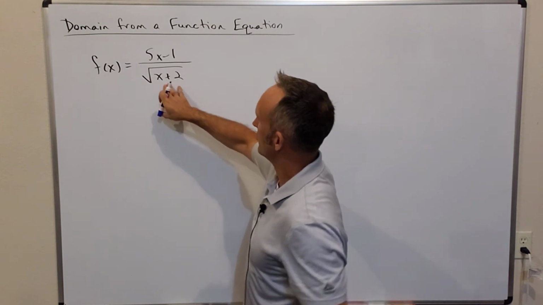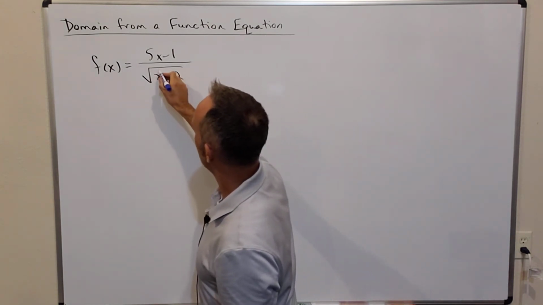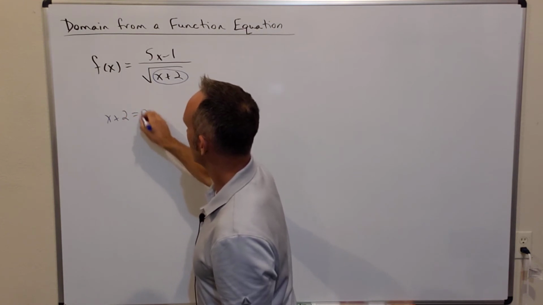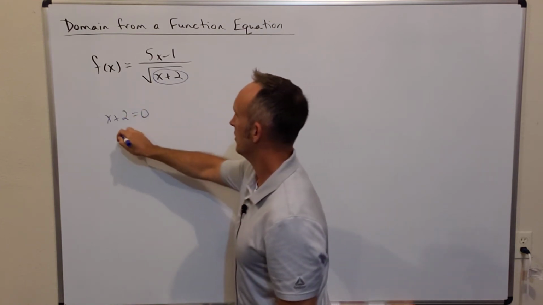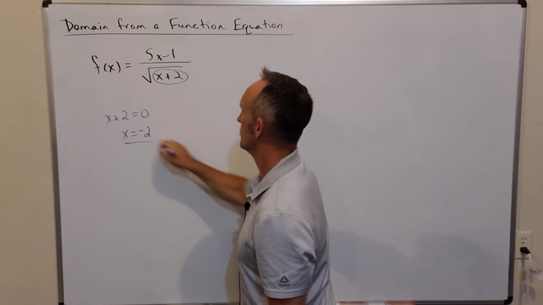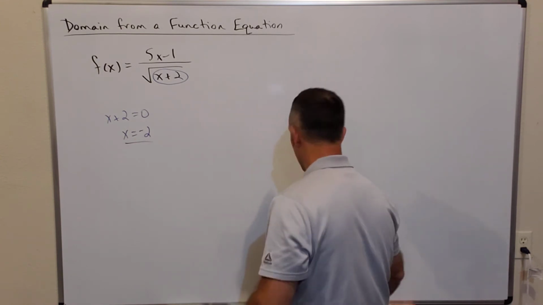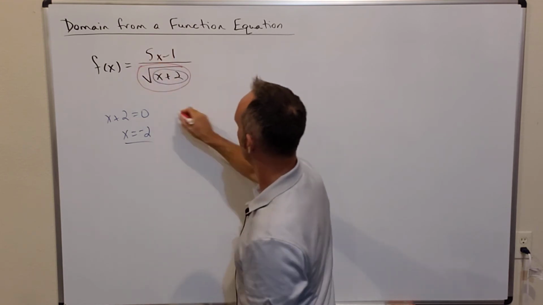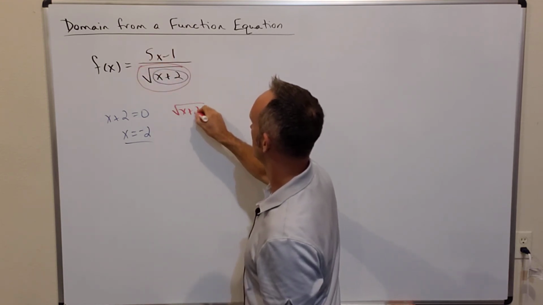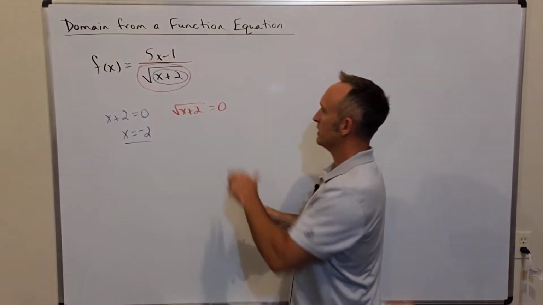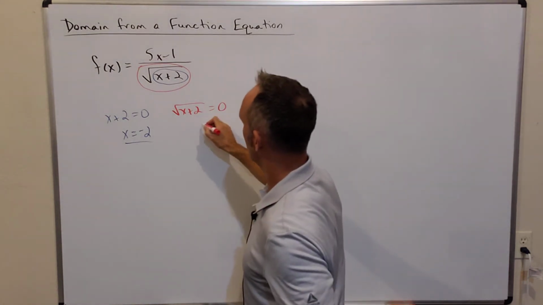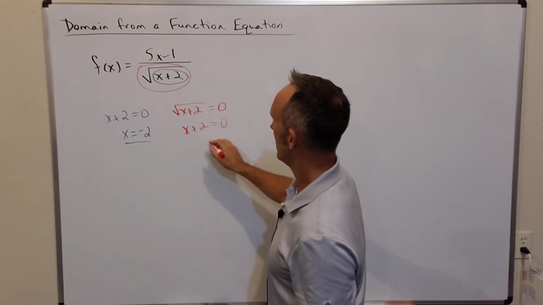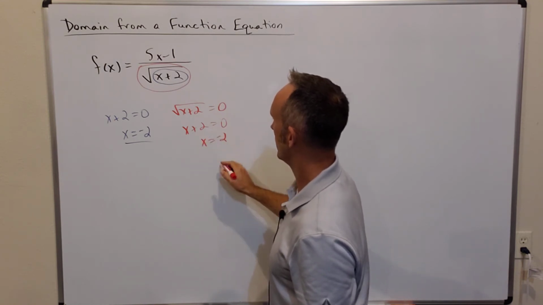Okay? All right, so we know that since x plus 2 is under a square root, it's going to give us a critical value of, in this case, negative 2. But then we also have a denominator, which is the square root of x plus 2. And if we solve that, we also get, so square both sides to get rid of the square root, and then subtract 2, just a little review there.